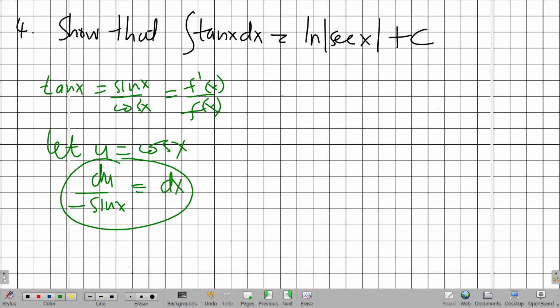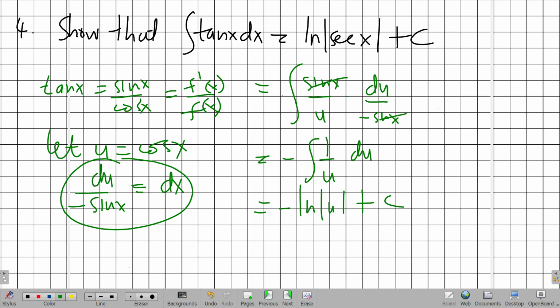So this is going to be equal to the integral of sine x over u, with du over minus sine x. And this cancels. We are left with minus 1 over u du, which is minus natural log of u plus c. This is minus natural log of cos x plus c.